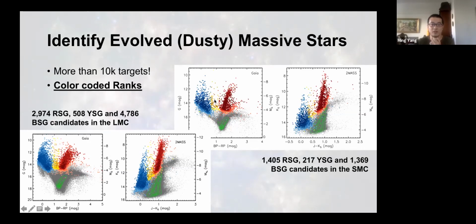Here's the LMC, SMC. The dark color indicates higher rank, which means that if one target has been identified in, for example, 6 CMDs as the same type of evolved massive star, it will be given the highest rank because it's more reliable.